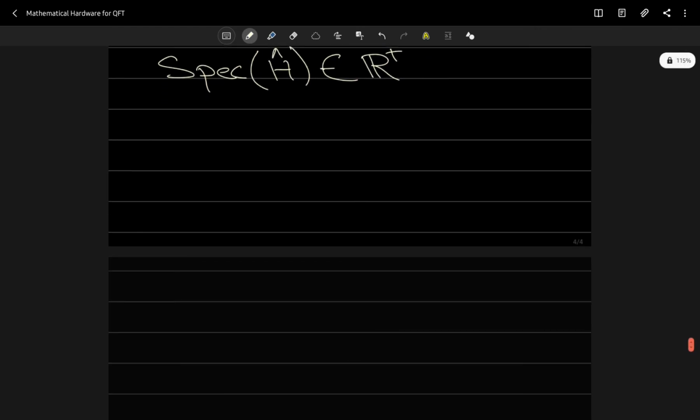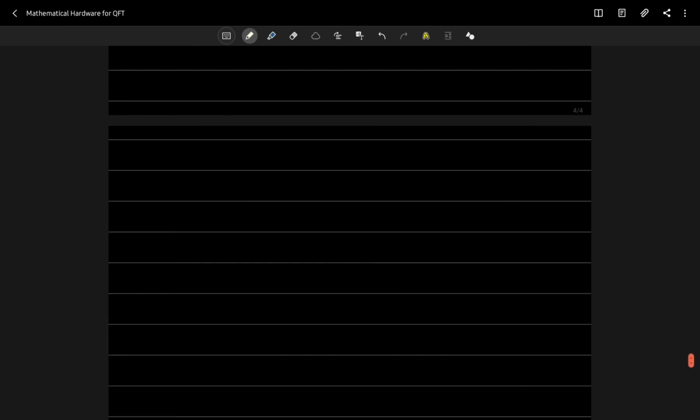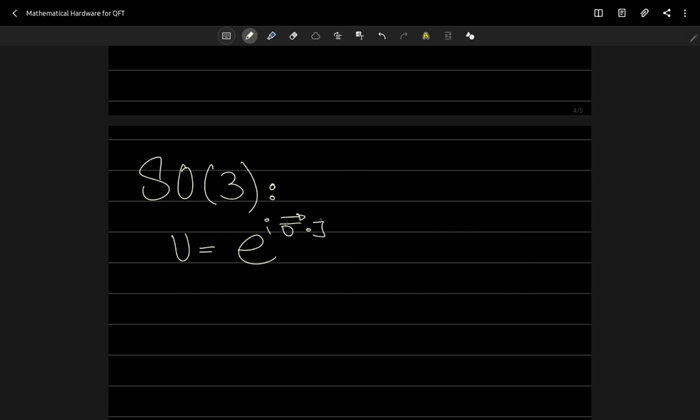To understand this, let's consider, in contrast, a more easily constructed group, that is the special orthogonal group of three-dimensional rotations, which is SO3. Now, this has unitary representations U equal to exponential iota sigma vector dot J vector.